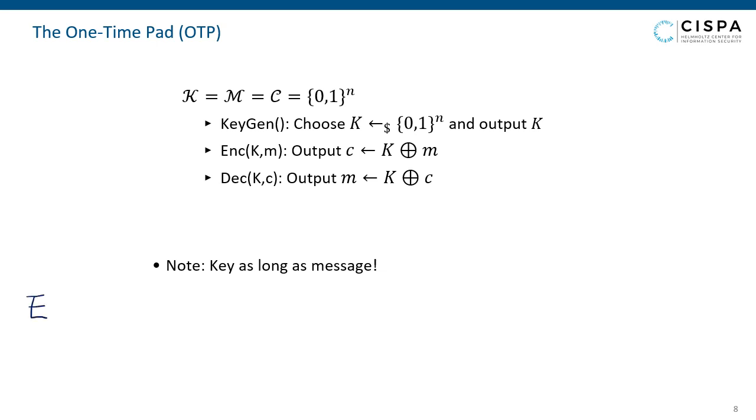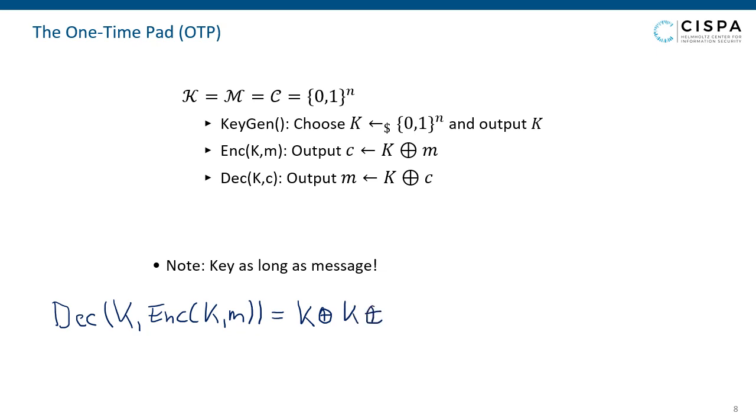When we compute dec_k of enc_k of a message m, well, this is just k XOR k XOR m, and k XOR k is just the all-zero string.